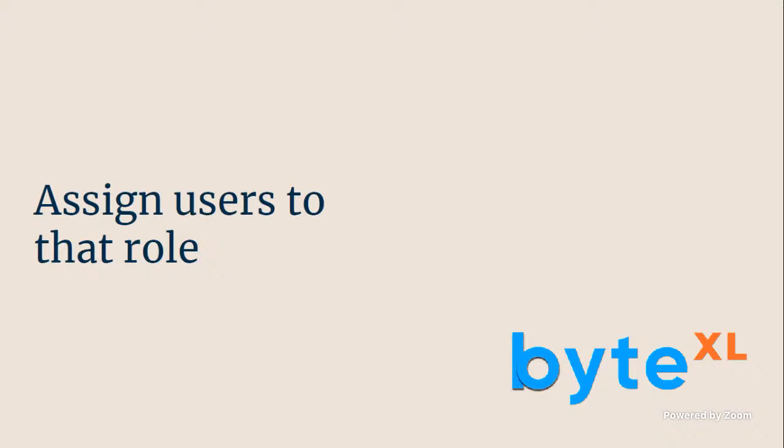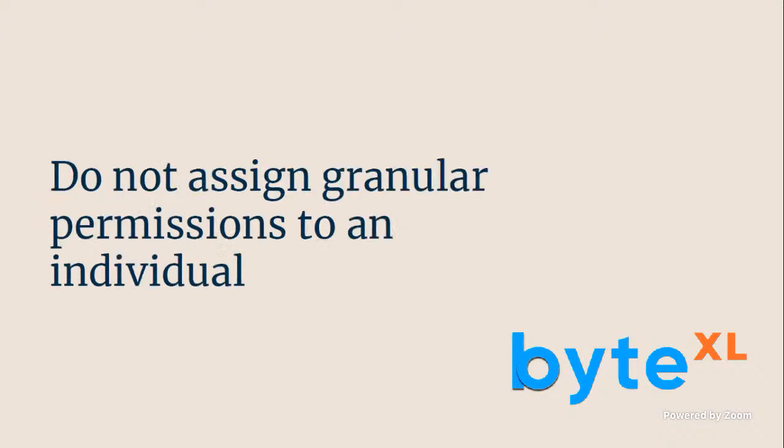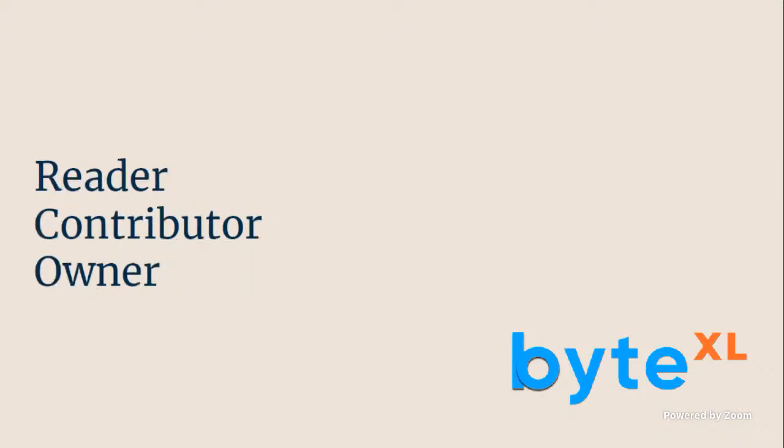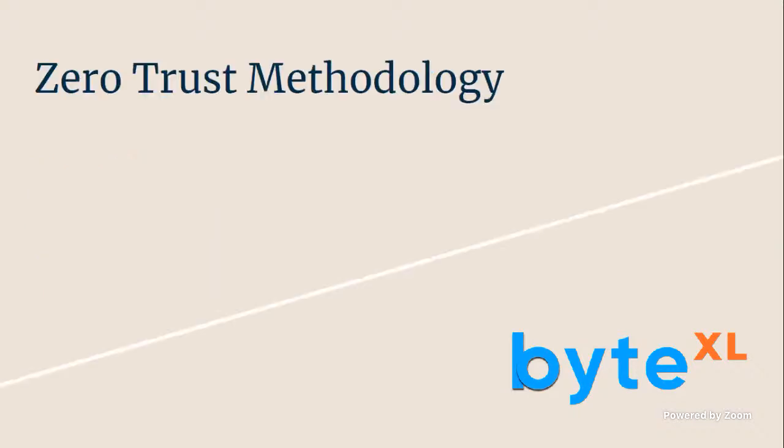Based upon the role, the permissions will be maintained. So do not assign granular permissions to an individual. There will be different permissions, like reader, contributor, owner, and so on, typically used based upon the role and the permission requirement.